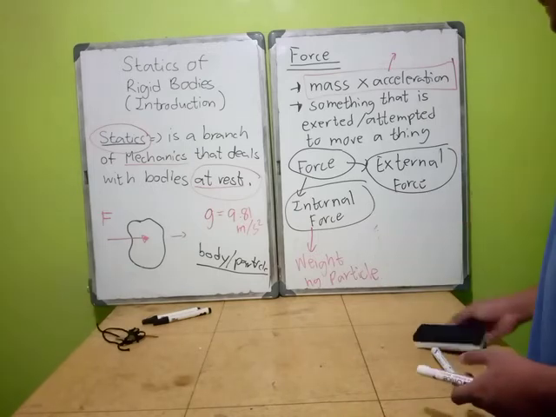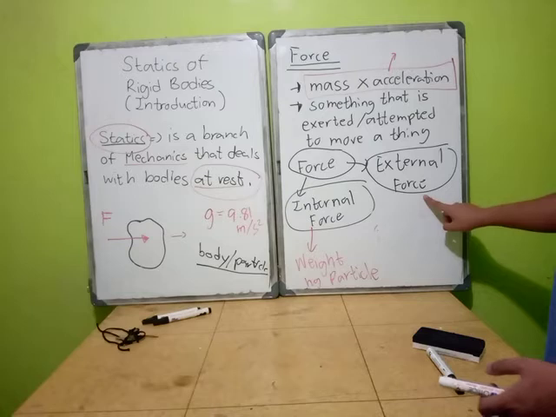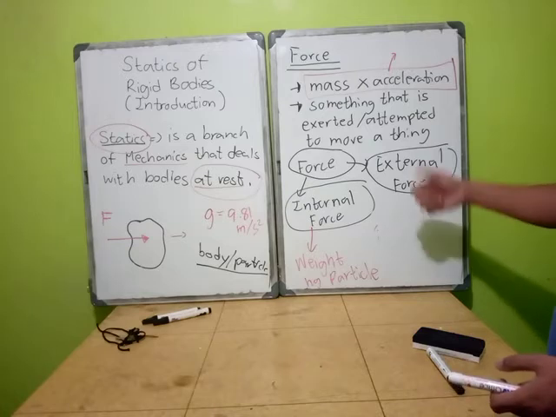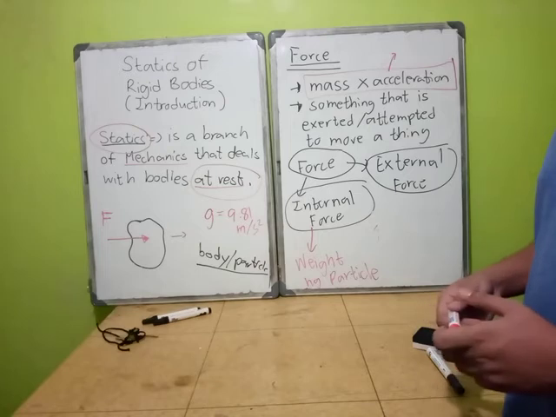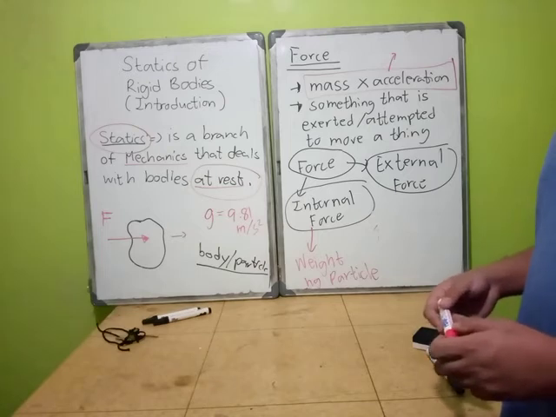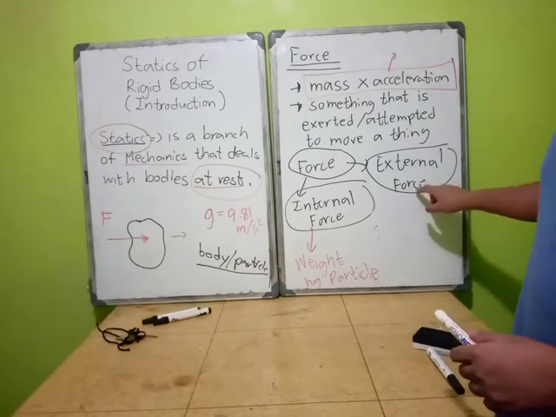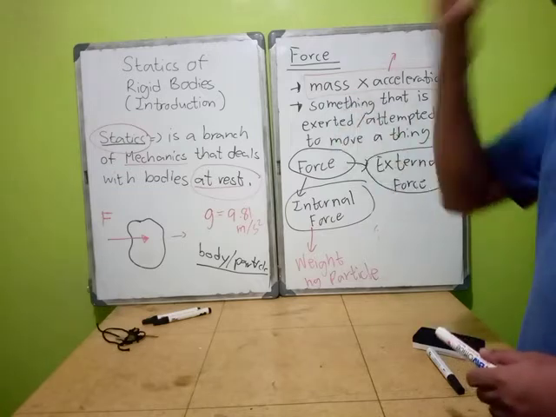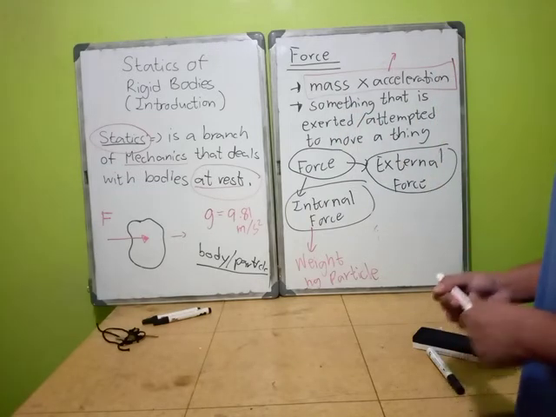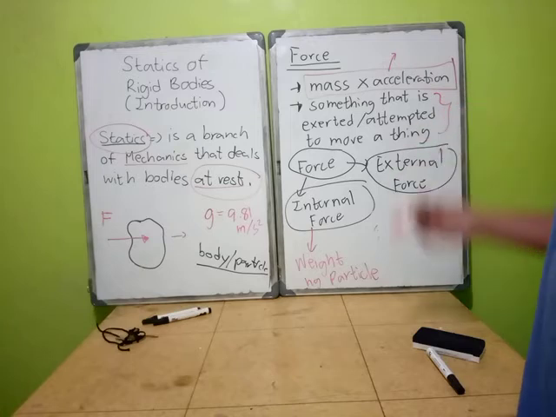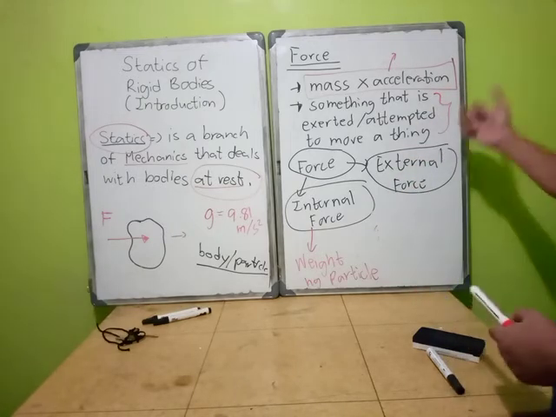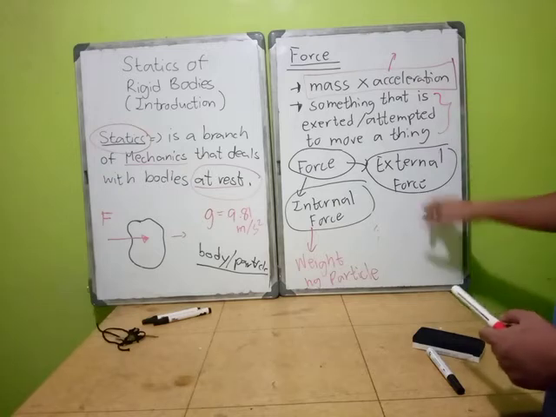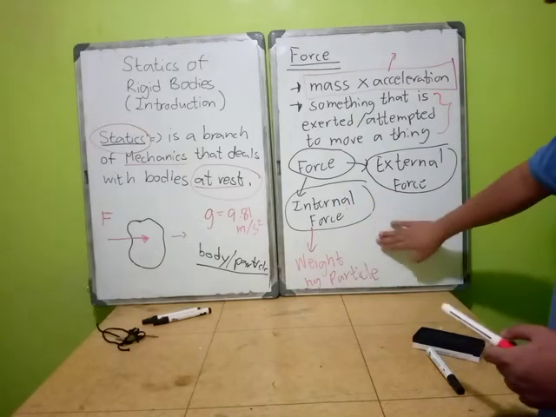And then again, we have external force. When we say external force, there are a lot of forms of external forces. That force is something you apply. So, this will be your proper definition. This is an informal definition. This is something that you attempt.